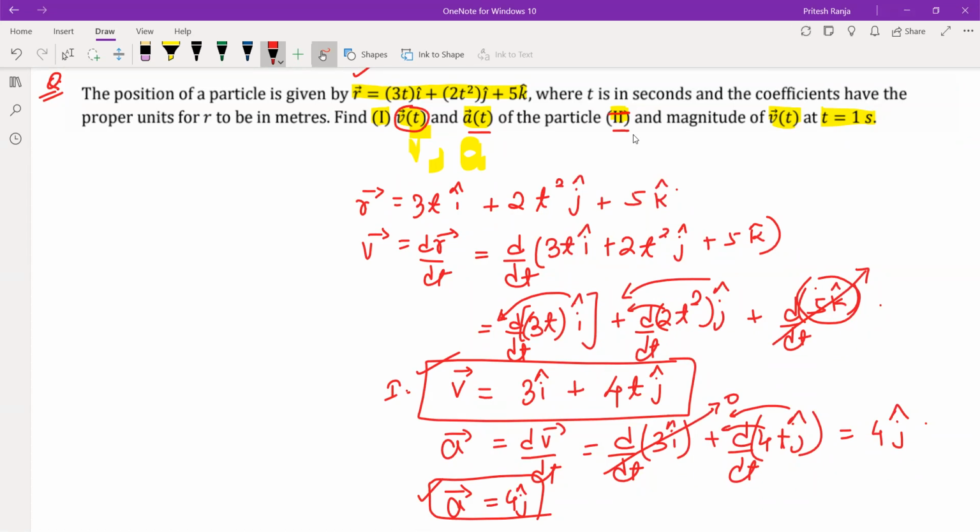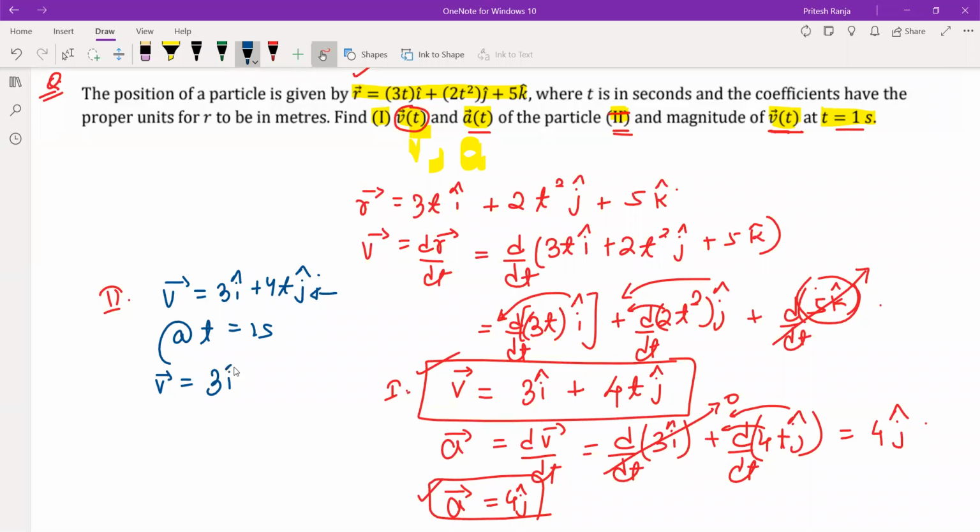Number 2, magnitude of velocity at t equal to 1. So first let's find it. Velocity vector is 3 i cap plus 4t j cap. So at t equal to 1 second, what will the velocity become? Just put t as 1 in the expression of velocity.